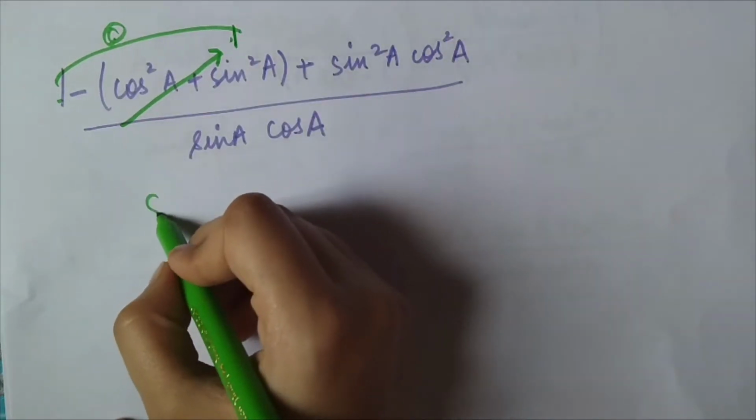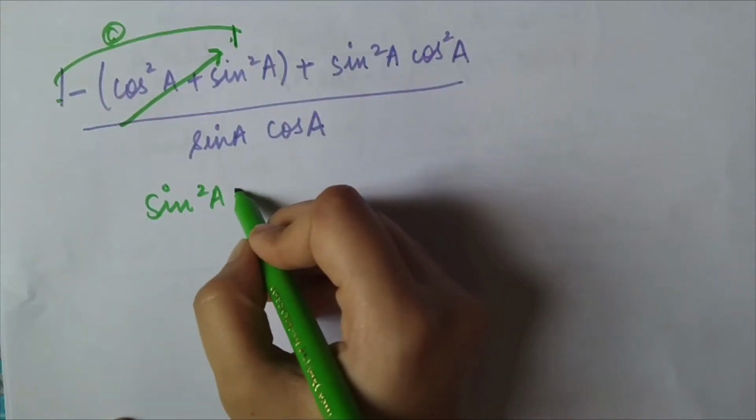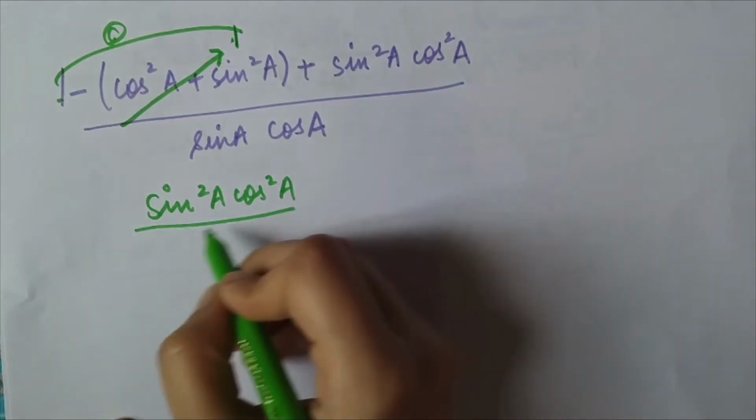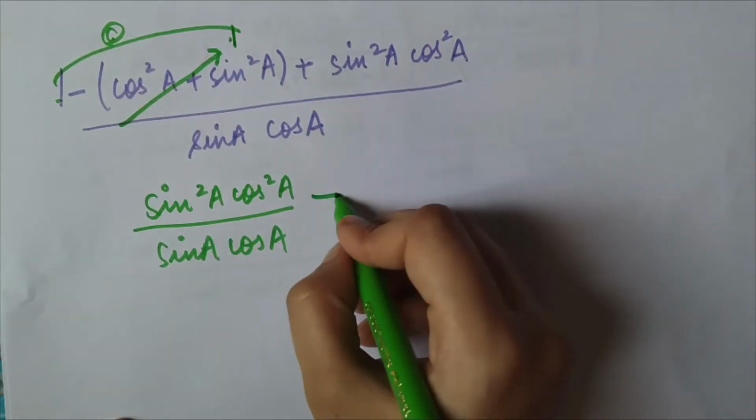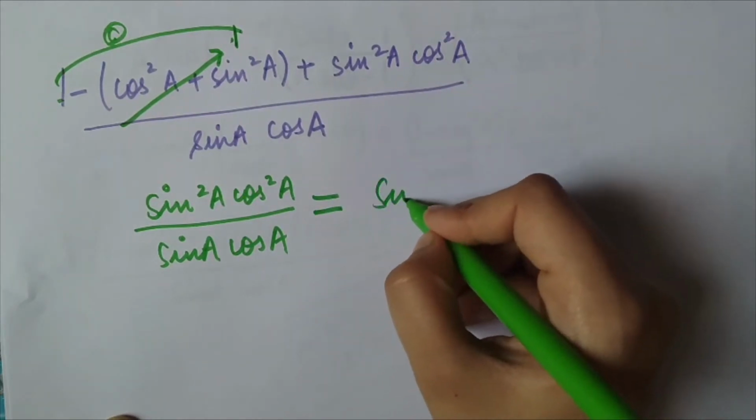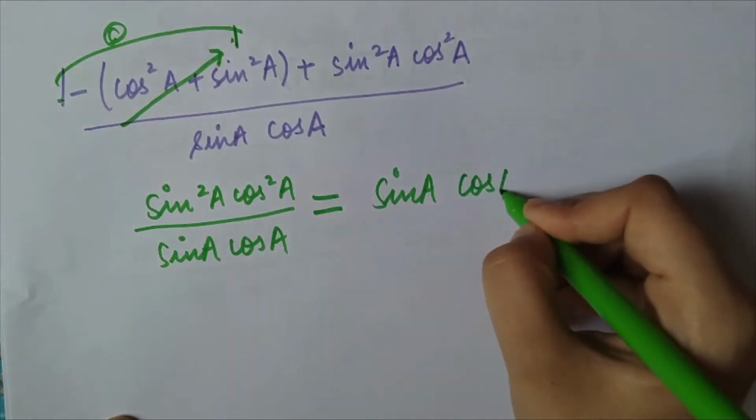So what we get is sine square A cos square A divided by sine A cos A. One term gets cancelled out and what we get is sine A cos A.